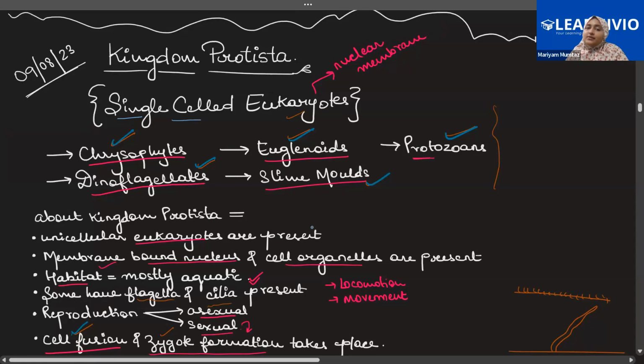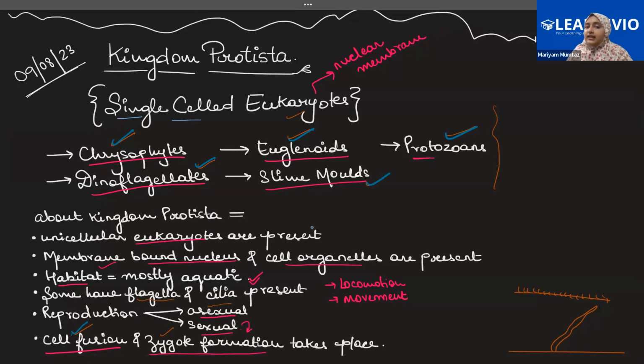There are further many groups present in the kingdom Protista: chrysophytes, euglenoids, protozoans, dinoflagellates, and slime molds.